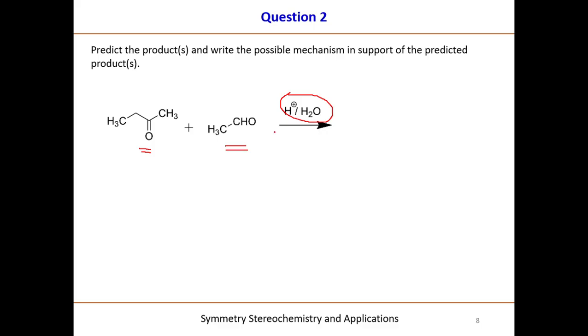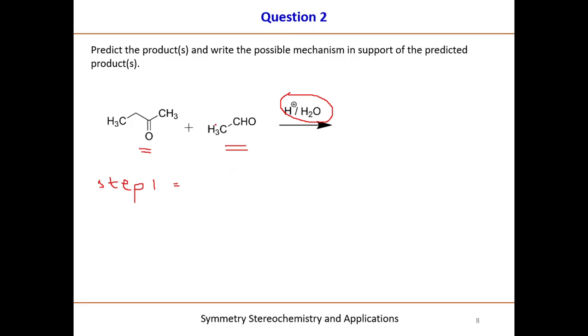So in this type of reaction, what happens first? Step 1 of this type of reaction is protonation of an aldehyde or ketone, whichever is present, leading to the formation of an enol. So here we have an aldehyde as well as a ketone.